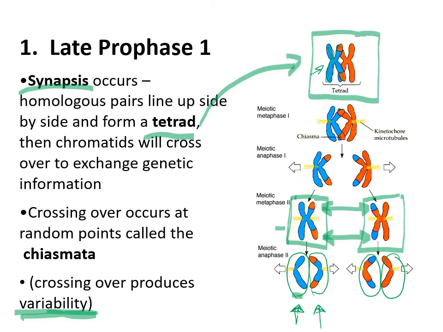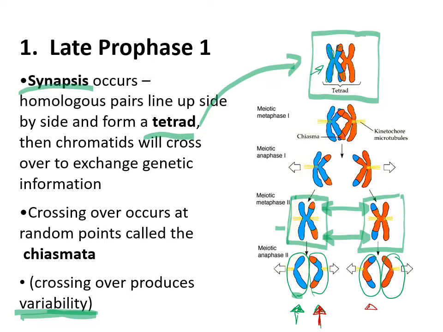So if the crossing over didn't happen, both of those cells would have the exact same information in it. But since the crossing over did happen, one of them has a bit of the genetic information from your mother as well as the genetic information from your father.